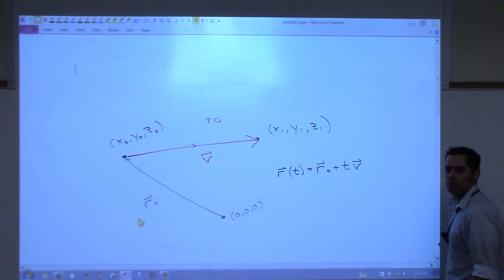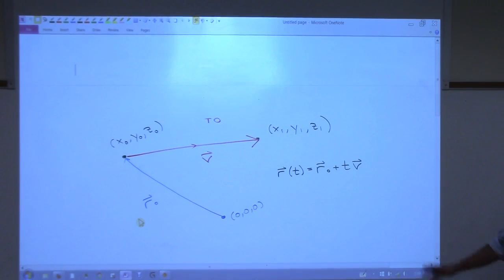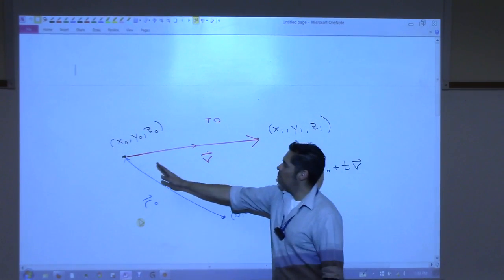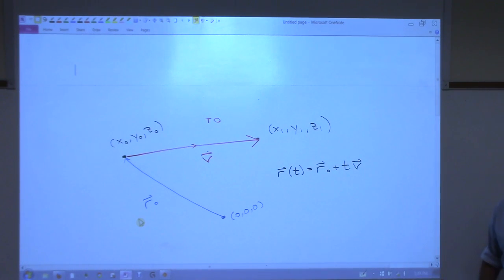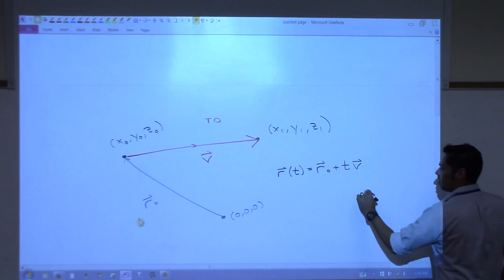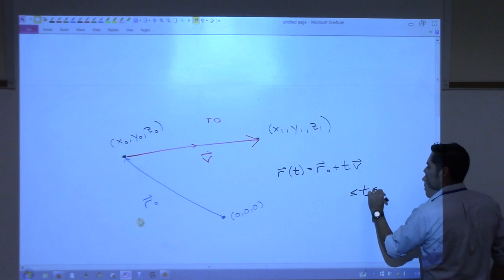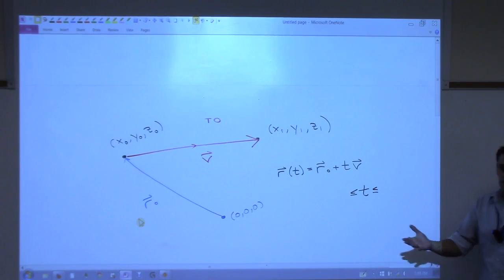But to just draw this segment, how should I restrict t? What should I restrict t between? So let me help you see this. Or does someone want to?